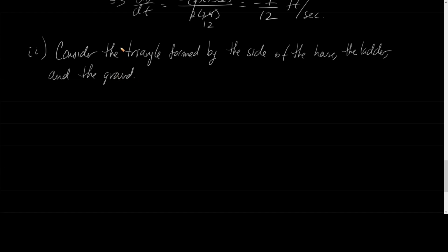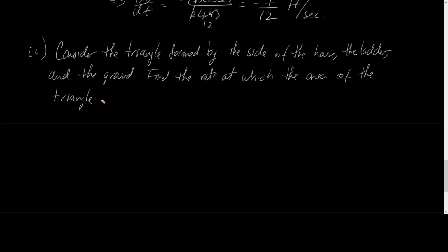Find the rate at which the area of the triangle is changing when the ladder is 7 feet from the wall.